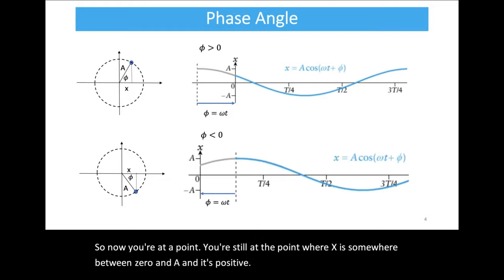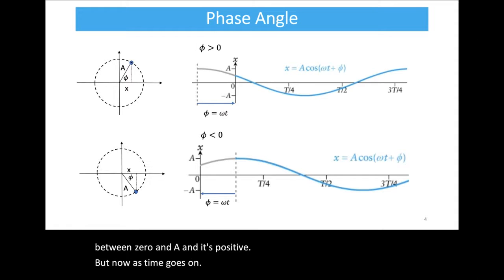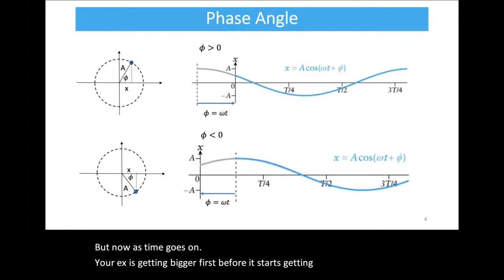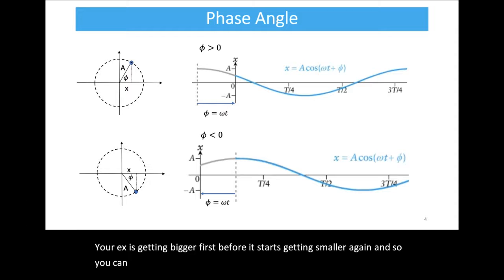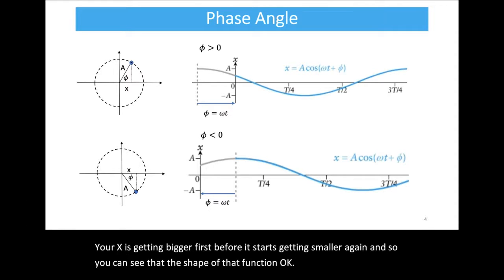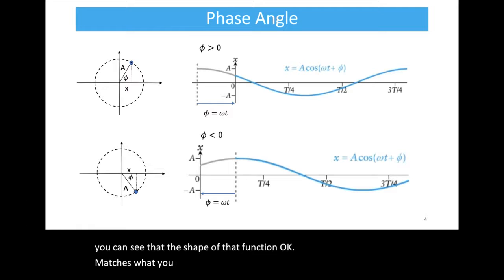But now as time goes on, your x is getting bigger first before it starts getting smaller again. You can see that the shape of that function matches what you expect for that ball moving counterclockwise about that circle.